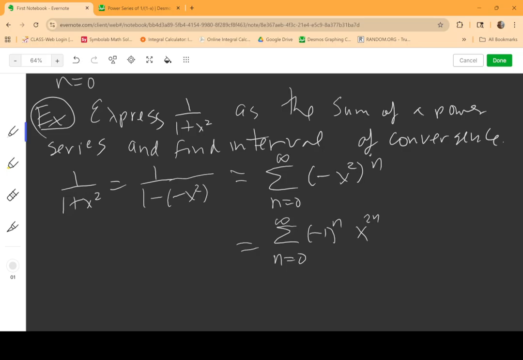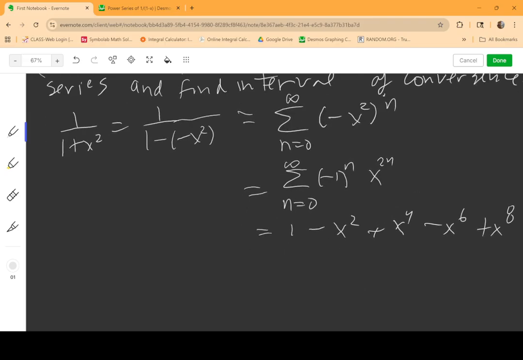So here what this looks like is 1 minus x squared plus x to the 4th, with only the even values, minus x to the 6th, etc., plus x to the 8th. Okay, and the interval of convergence here will be from negative 1 to 1.